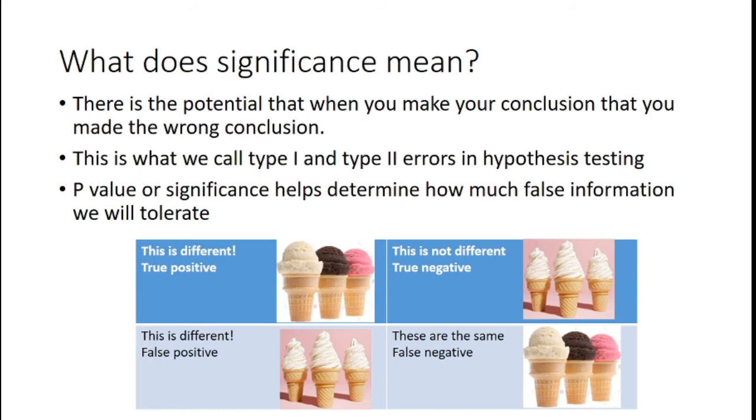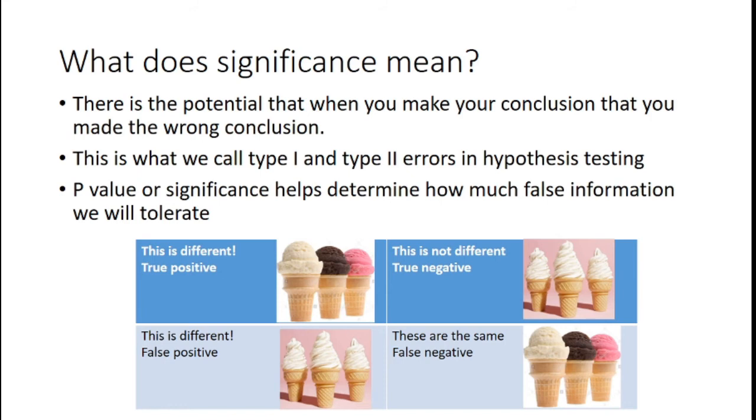And just to illustrate what these type 1 and type 2 errors are, they're the false positive and false negative results. In this case, take a look at this. We've got 3 ice cream cones here. I know that it should be 2 the same and 1 different, but I couldn't find a stock photo that was 2 the same and 1 different. So pardon me for flibbing here, but we've got 3 ice cream cones and they're different.